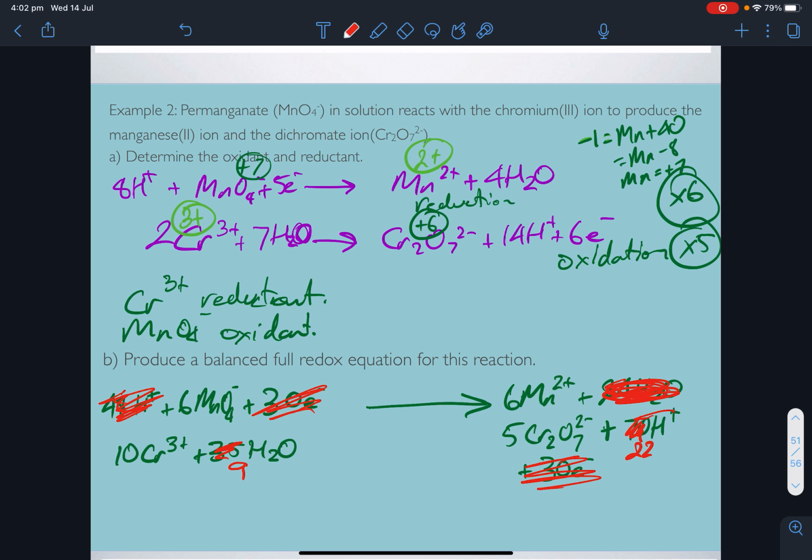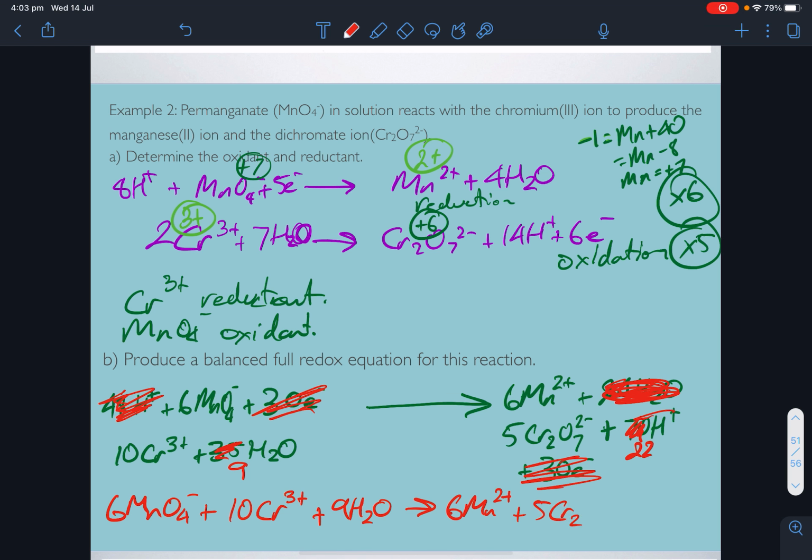All right, let's rewrite it. 6 permanganates plus 10 chromium 3 pluses plus 9 waters are going to 6 manganese 2 pluses plus 5 dichromates plus 22 protons.